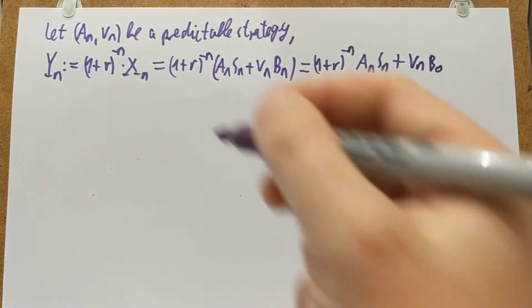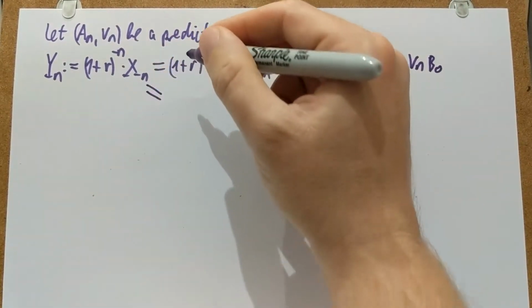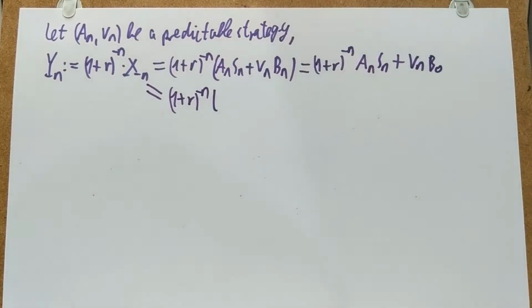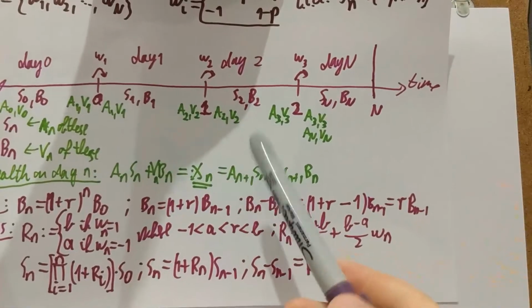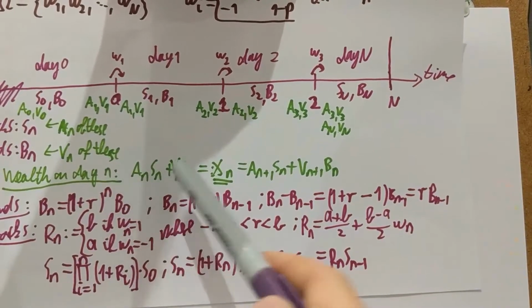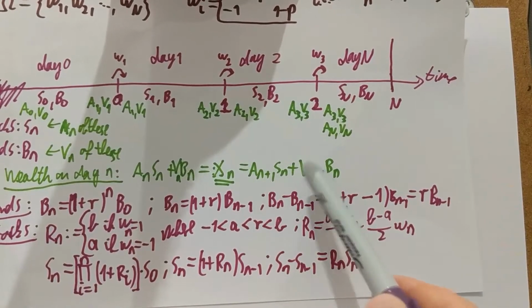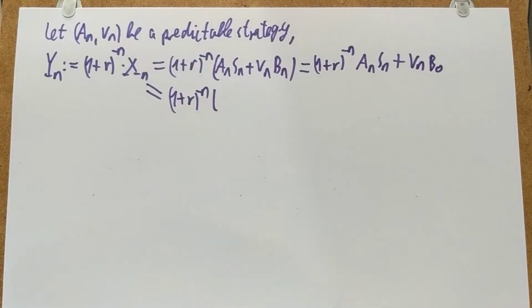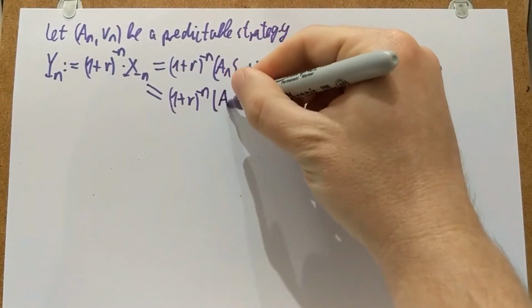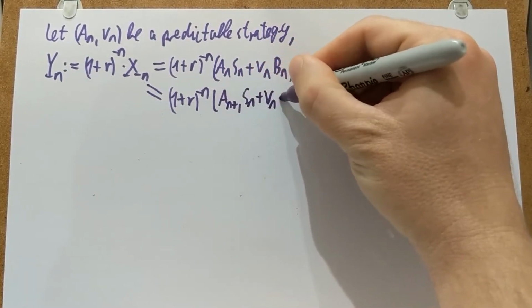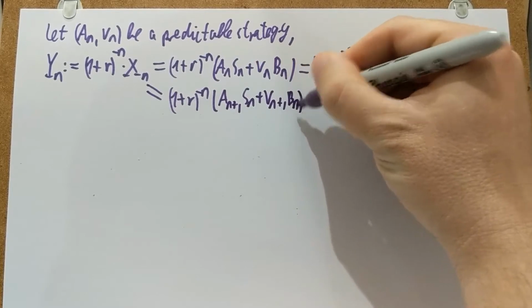And I'm going to write it in another way too. I'm going to use the end of the day formula for my total wealth. The end of the day formula is that instead of An and Vn, I do some exchanges, and it's An plus 1, Vn plus 1 by the end of the day for stocks and bonds. And I'm going to put that in. So it's going to be An plus 1 of stocks and Vn plus 1 of bonds.